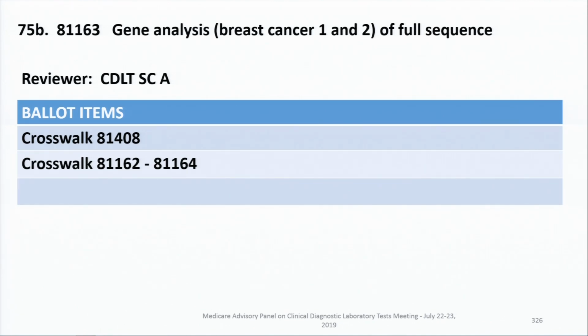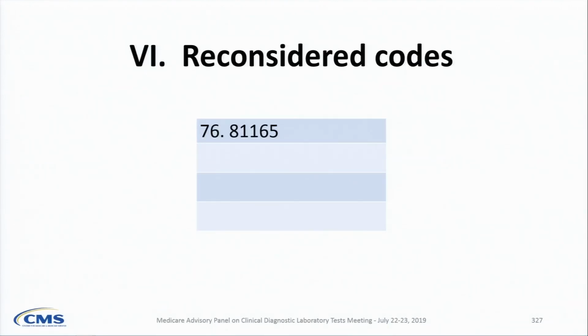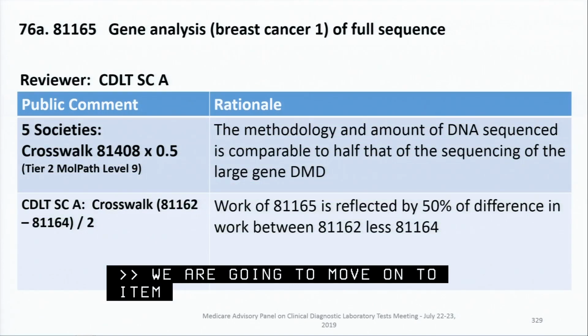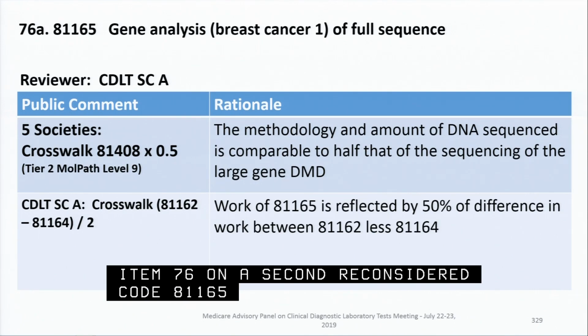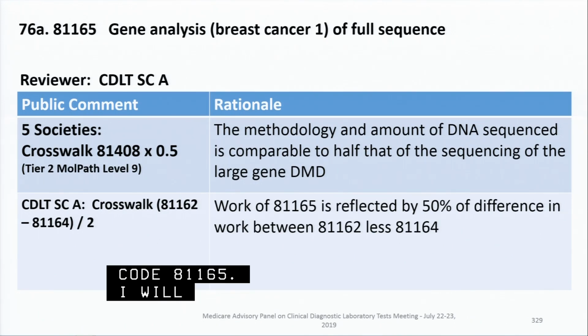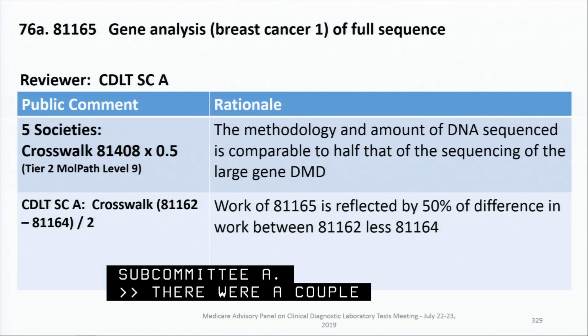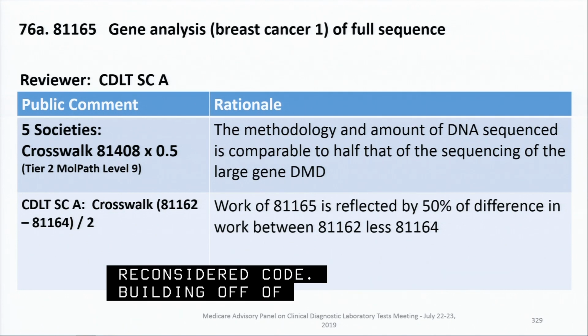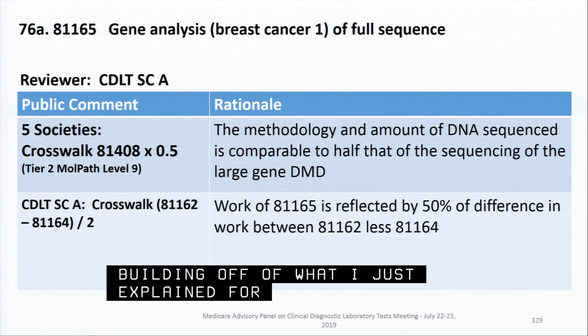Okay, we're going to move on to the next item, item 76, on a second reconsidered code, 81165. I'm going to turn this over to Dr. Bossler, Subcommittee A. So again, there were a couple of recommendations for this reconsidered code, but building off of what I just explained for 81163, 81165 is the full gene sequence analysis for BRCA1.